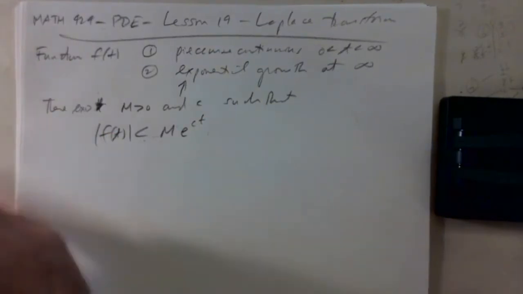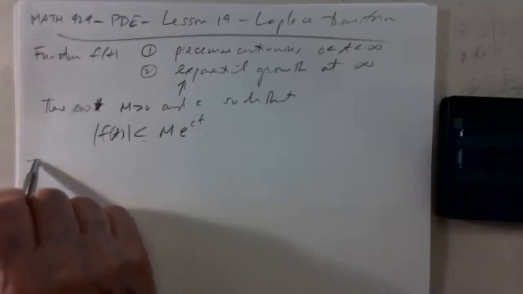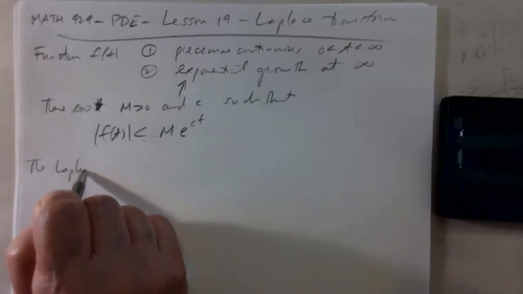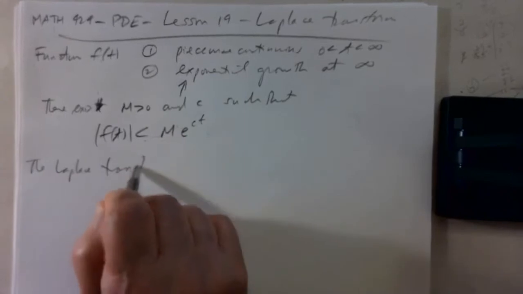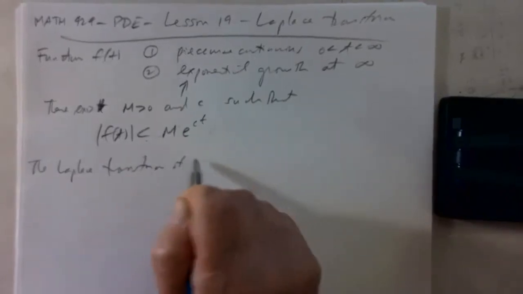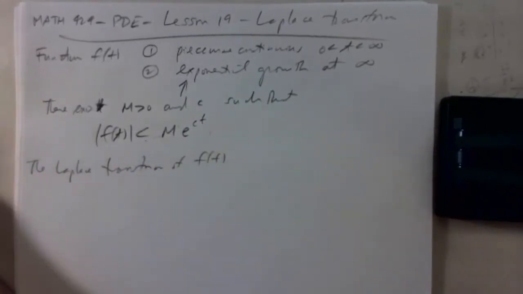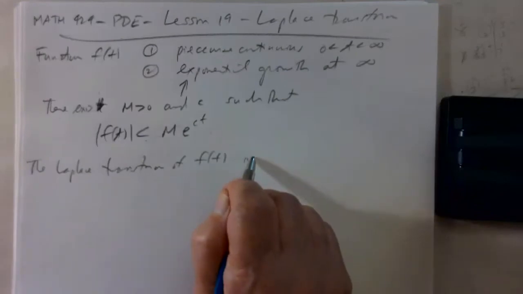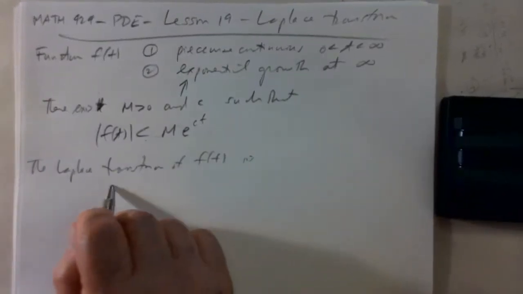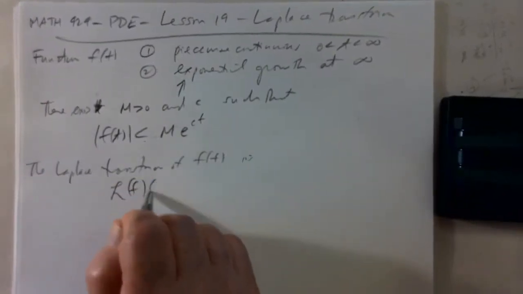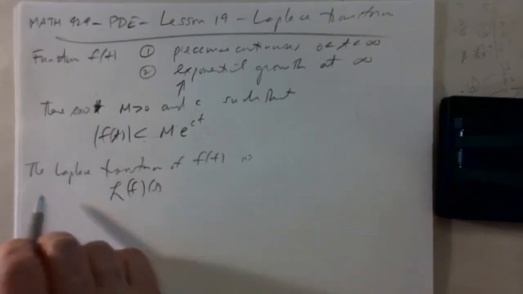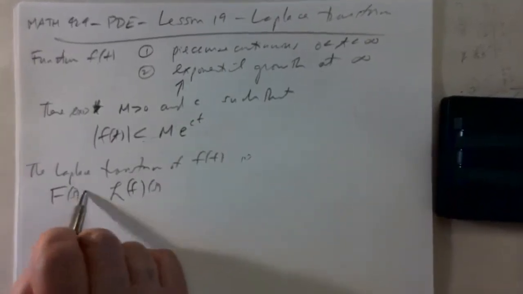And for such a function, the Laplace transform of the function f of t, we write it in two different ways. Script L of f, which is a function of s, or sometimes we write capital F of s.